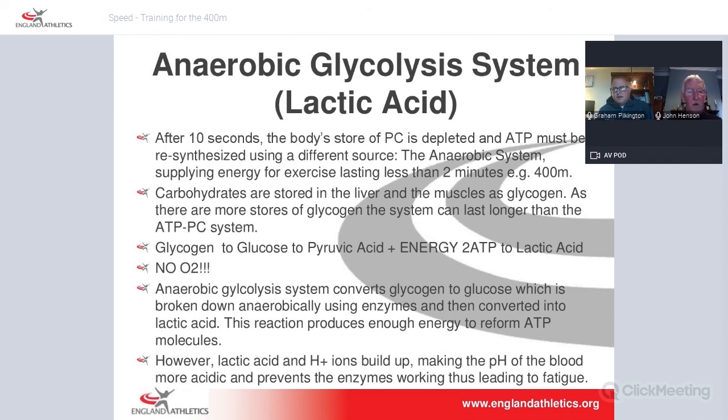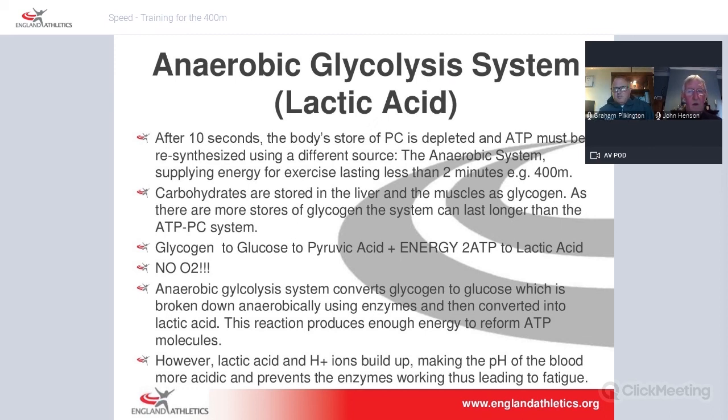And this is why athletes produce lactic acid. They're running anaerobically, breaking down glycogen stored in the body. It's creating a byproduct. That byproduct starts to change the acidity, the pH of the blood, and prevents the enzymes working, eventually leading to fatigue.